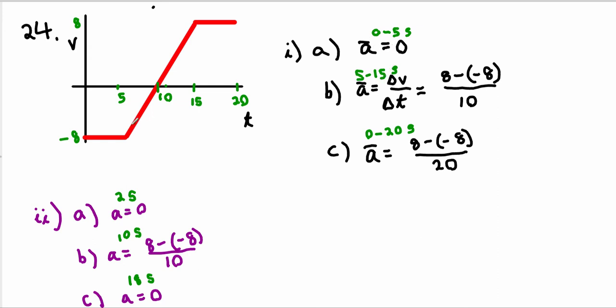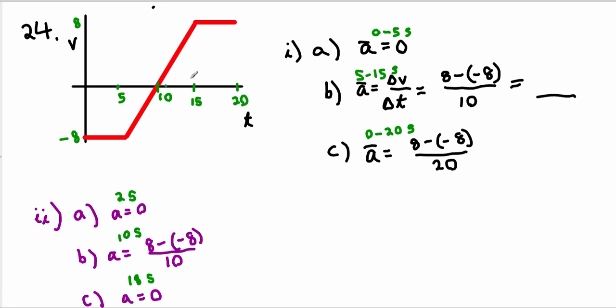For the next section, I'm doing my change in velocity over time. Well, my change in velocity is my v final minus my v initial. So I got 8 minus a negative 8. And my delta t is 10 seconds. So I can solve that, and that would give me my answer for my acceleration there.